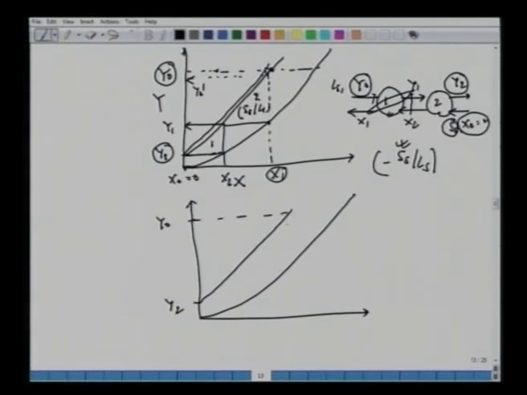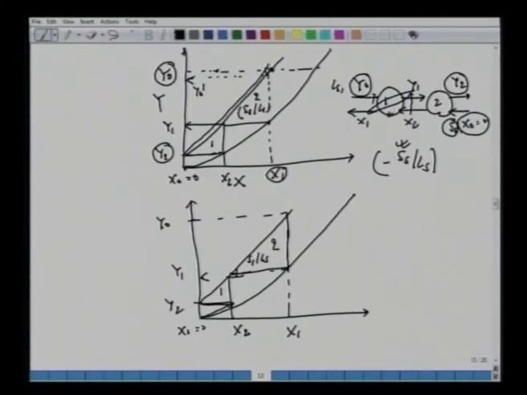So from the slope Ss over Ls, we get x1, and here we have this y1, and from the operating line we have this x2. So this is x0 equal to 0. We said that we have stage 1, so here this is stage 1, and this is stage 2.